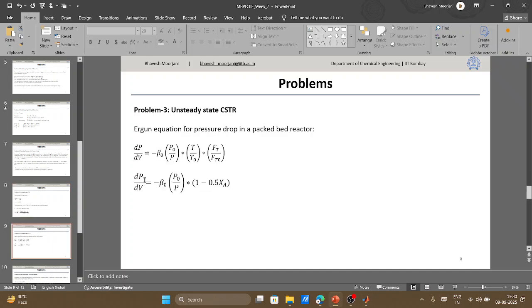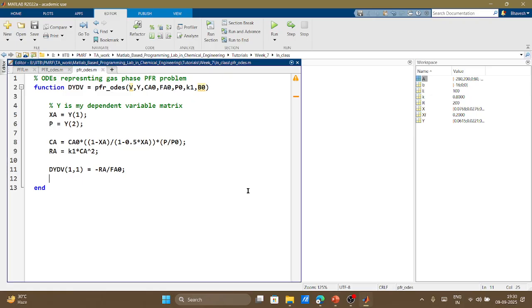Now my second ODE is dP by dV equal to minus beta naught P naught by P into this factor. So maybe I can write it directly: dy by dv, second row first column, since I need a column vector, is minus beta naught into P naught by P into (1 minus 0.5 times XA). Right. So this creates your PFR ODEs.